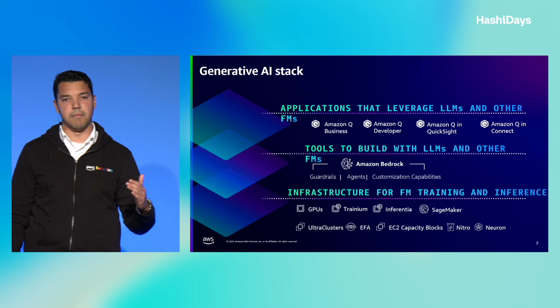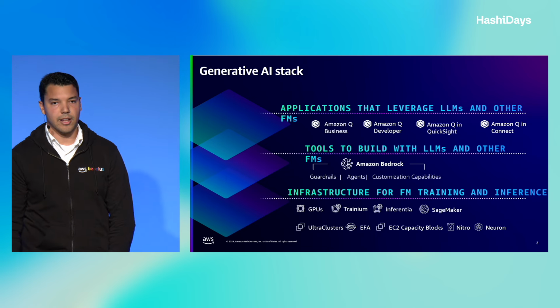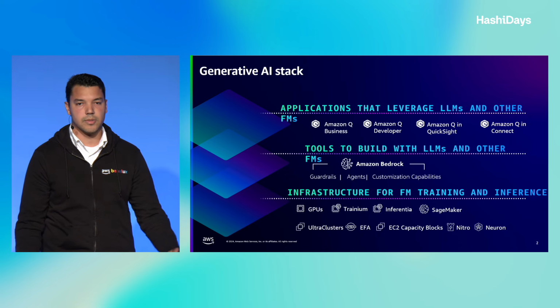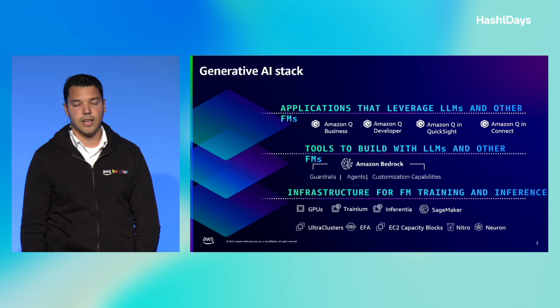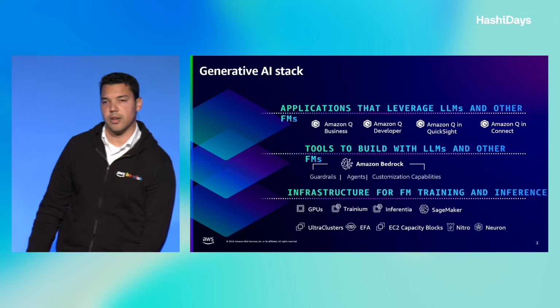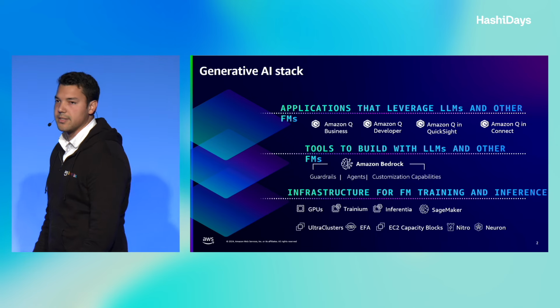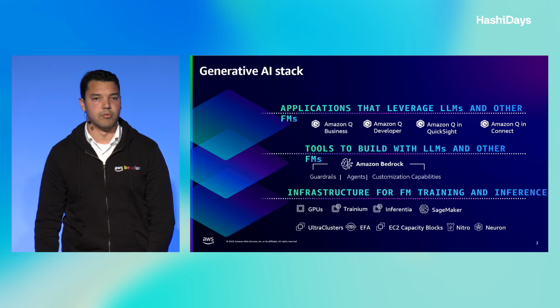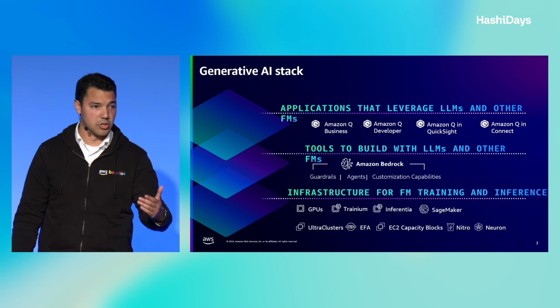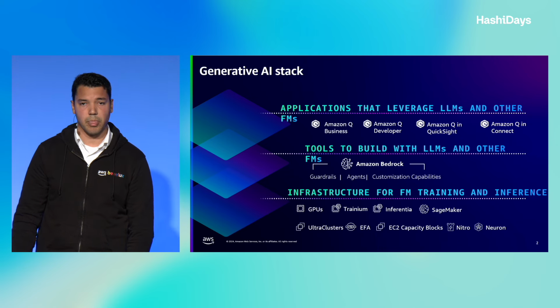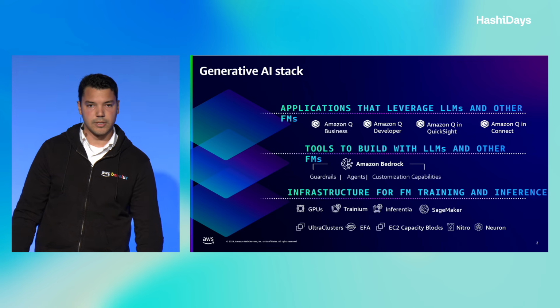Then we have the mid layer. And in the mid layer, we have Amazon Bedrock. So Bedrock is AWS managed service, and you can use Bedrock to have access to LLMs and foundational models. For example, just calling an API. And in this way, you can integrate GenAI capabilities within your application.